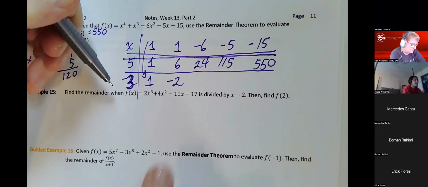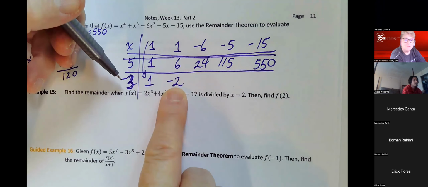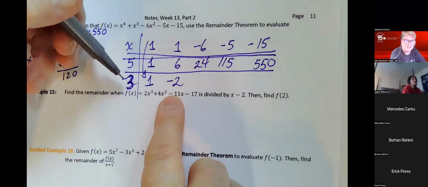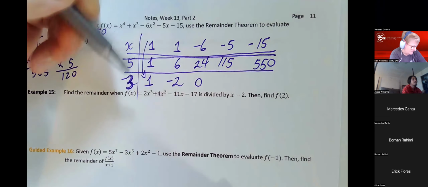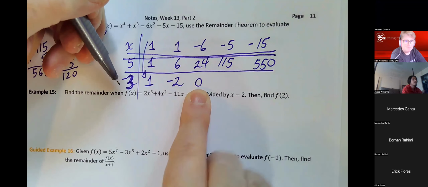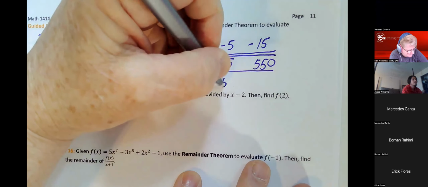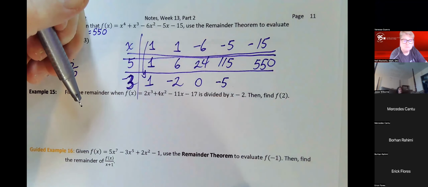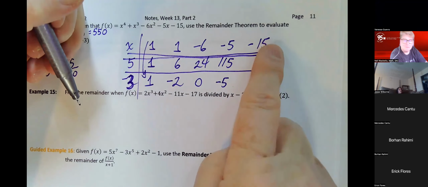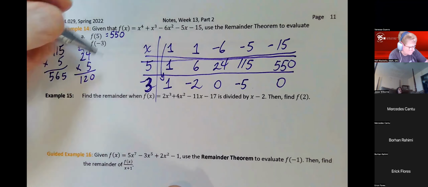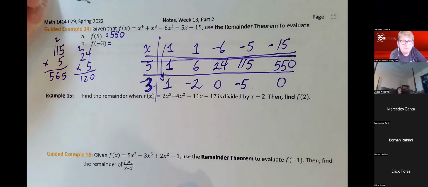Good. -3 times the next one, -2. The next one would be 0. Good. Yes. 6 minus 6 is 0. -3 times 0, 0 plus -5 would be -5. Good. -3 times -5, 15 plus -15 would be 0. Yay. So what is f of -3?